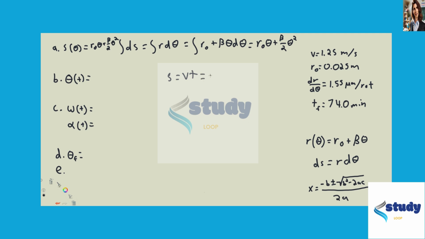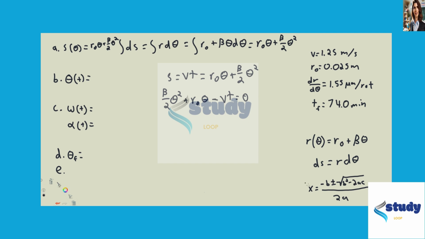That'll be equal to r naught theta plus beta over 2 theta squared. And then we can move this all over to the same side: beta over 2 theta squared plus r naught theta minus vt equals 0. And there we have a quadratic equation.